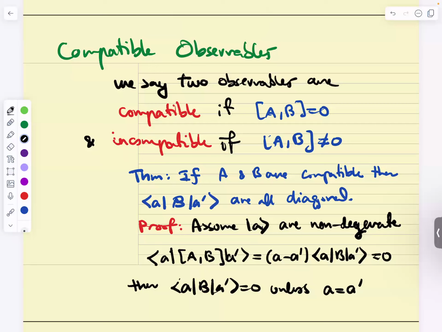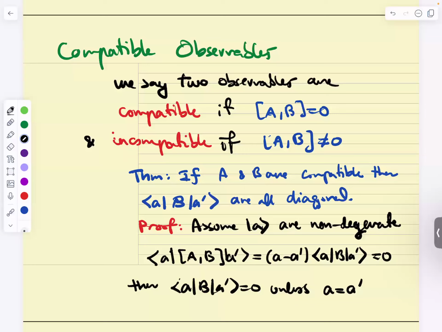Let me tell you what the message is, and we're going to work towards it. The message is that if two observables commute, meaning the Hermitian matrices that describe them commute, like AB minus BA is 0, they can be simultaneously measured. If they do not commute, they cannot be simultaneously measured.